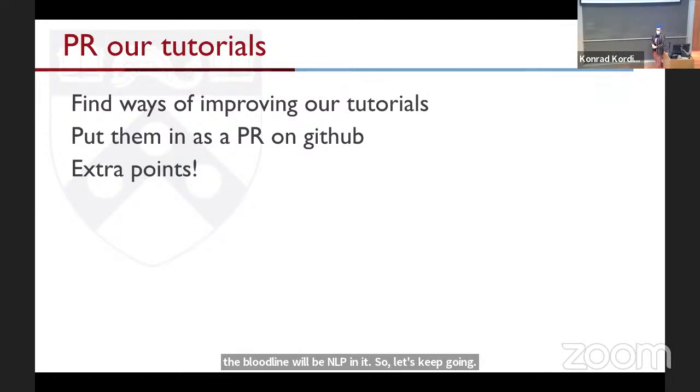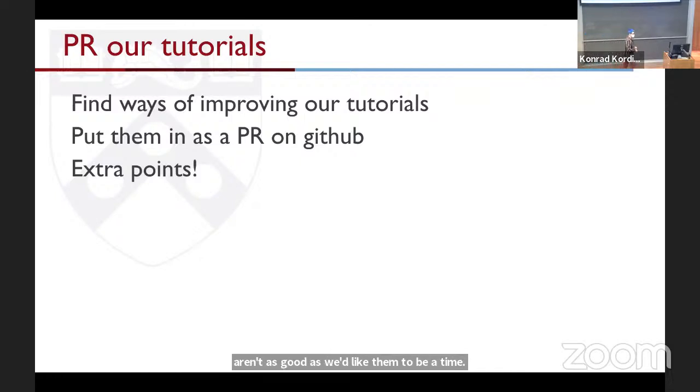The first thing that I want to encourage you, and my co-teachers don't even know about it, but I think it's a fun thing to do. As you know, all our tutorials are on GitHub. They aren't perfect, like everything, like life. Not like we make mistakes in the tutorials, but they aren't as good as we'd like them to be at times.